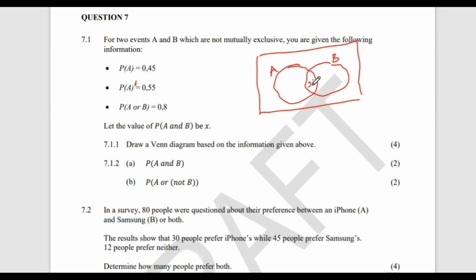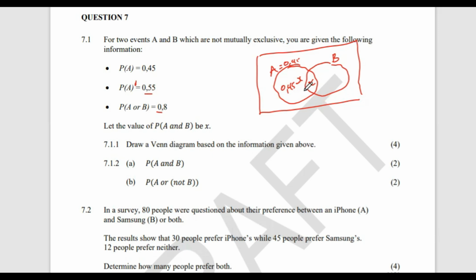So we can put here X. A alone is 0.45. So this is going to be 0.45 minus X. Then we know that whatever is outside of A is 0.55. But the union, everything must give us 0.8.